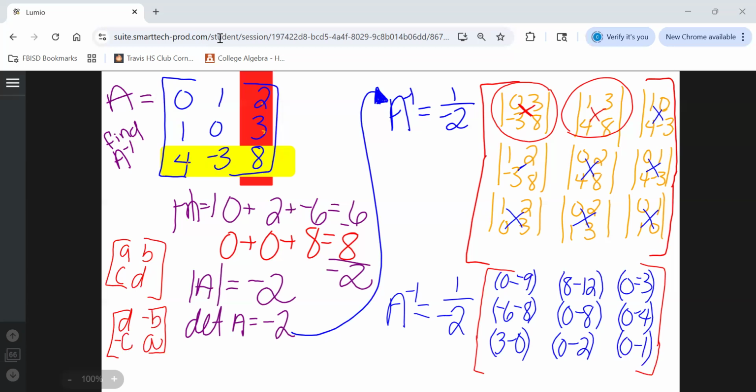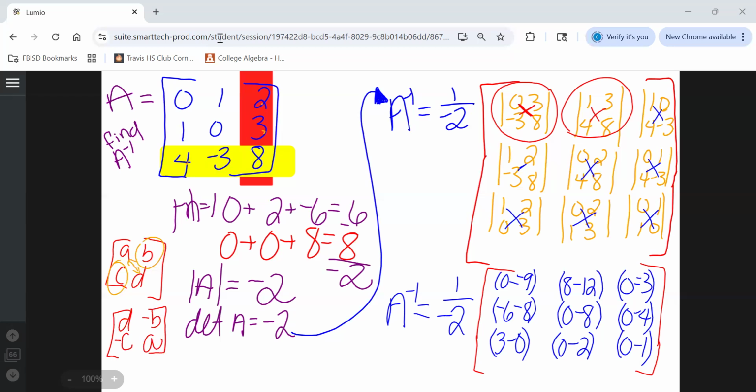So the original would have been A, B, C, D, and the adjoint of that would be D, -B, -C, A. Again, we switched the A and the D, and then we changed the B and the C into opposites.